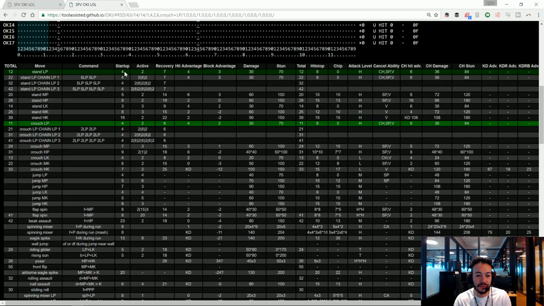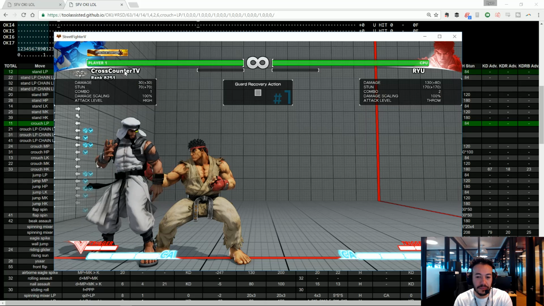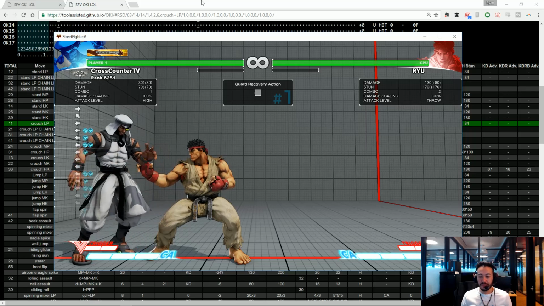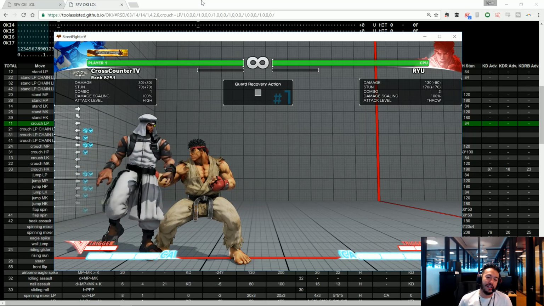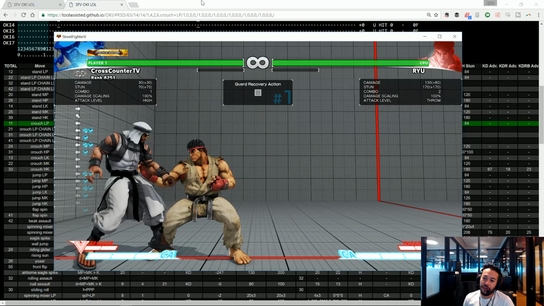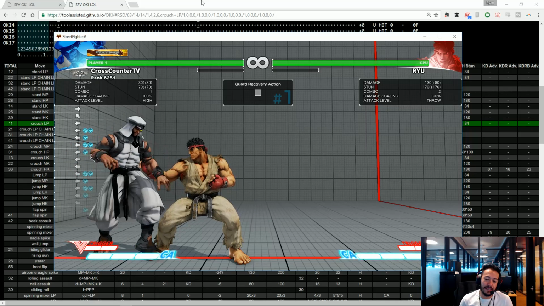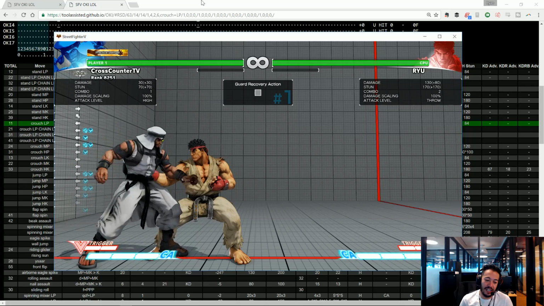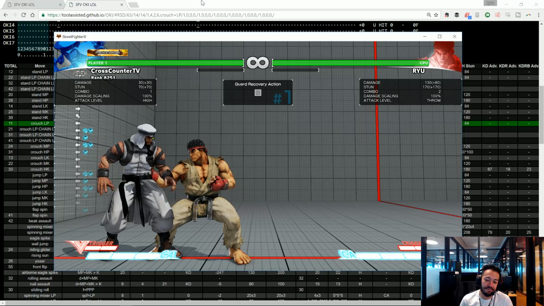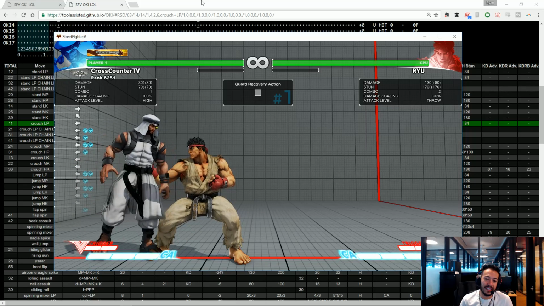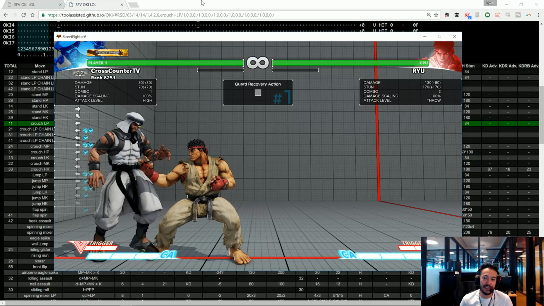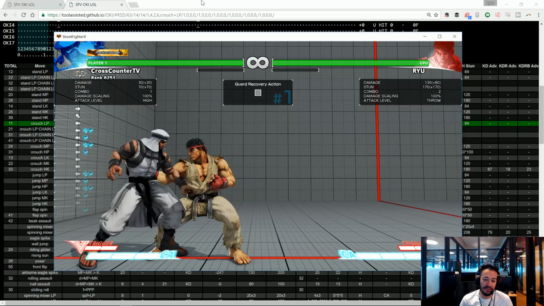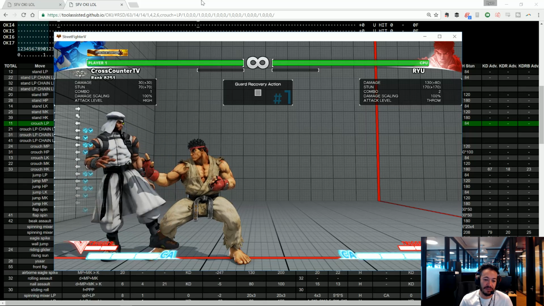In terms of order, is there one order you think is worth trying to condition someone in, or do you feel it out? Do you condition throw first or condition block first? That's a great question. I would say there's no real hard and fast rule, because it depends on the level of the player you're fighting against.